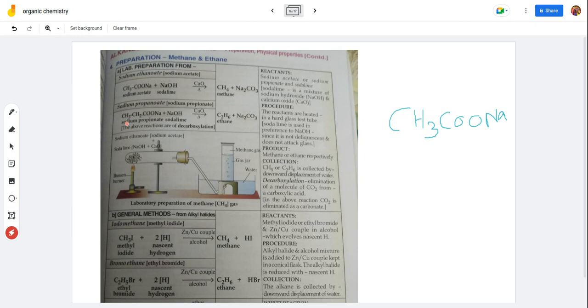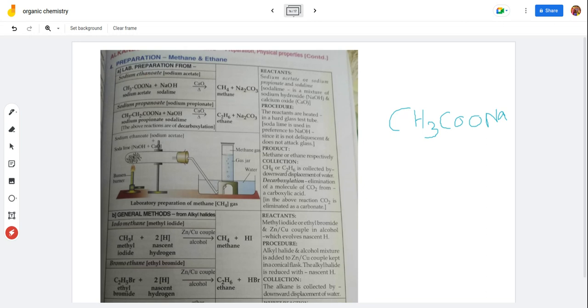The common name is sodium propionate. So the reactants we are going to use for the preparation of methane and ethane are sodium acetate and sodium propionate. The IUPAC name for sodium propionate is sodium propanoate. The IUPAC name of sodium acetate is sodium ethanoate.